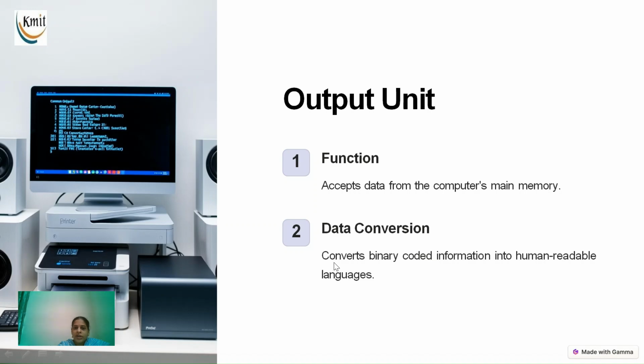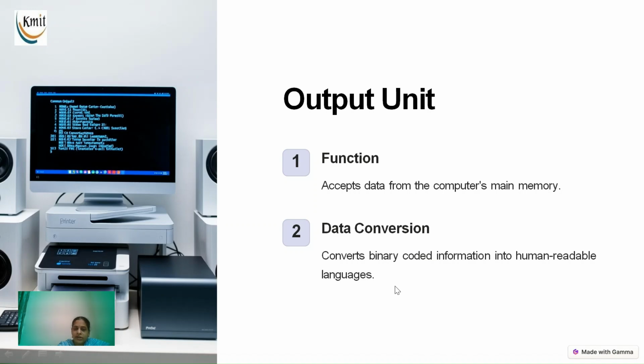We already know that whatever data is present in the computer is in binary code. So the output will obviously be in binary code. But the user cannot understand the binary coded information if you give it as an output. So the data conversion is done by the output unit. It converts that output, which is in a binary coded form, into a human readable language before giving it as an output to the user.